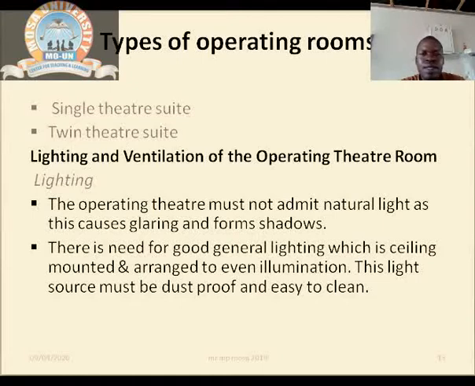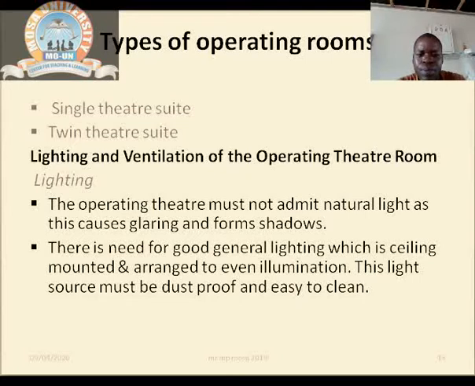We don't want shadows on the operating zone because it prevents someone from seeing clearly. So theater is designed in such a way that the lights which are used for an operation are mounted on the ceiling and arranged to give even illumination.